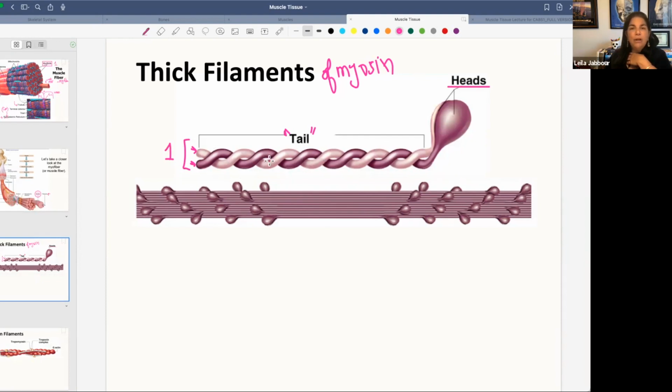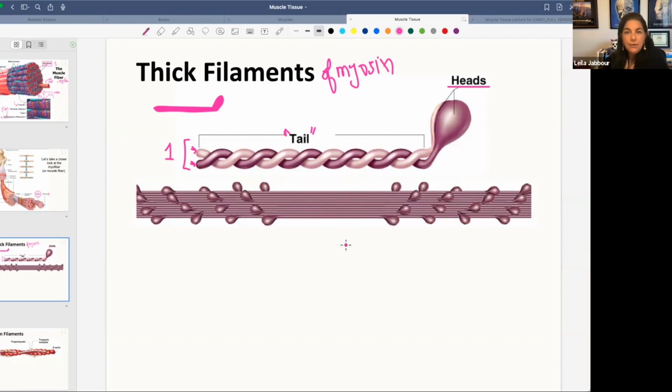And we really don't talk about these two polypeptides anymore after they're originally presented. We just draw a thick filament as one tail, one head. That's basically how from now on I'll be drawing it. But technically speaking, the whole thick filament is made of two polypeptides intertwined with each other. Okay.